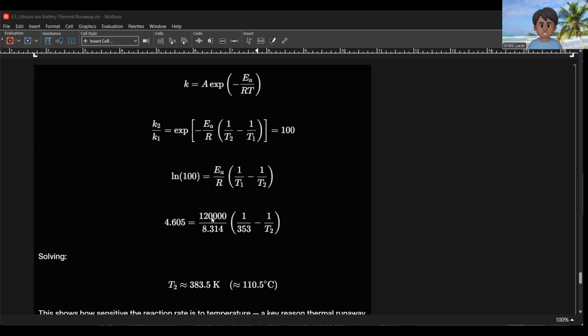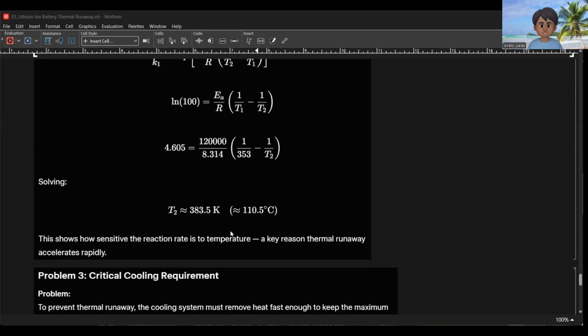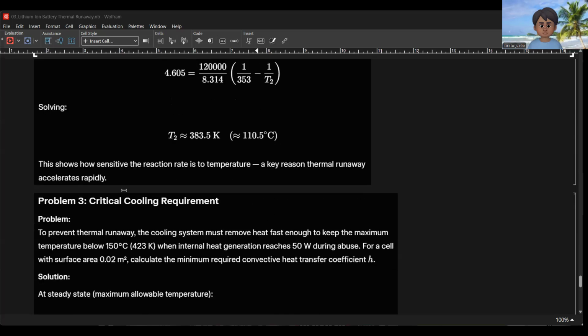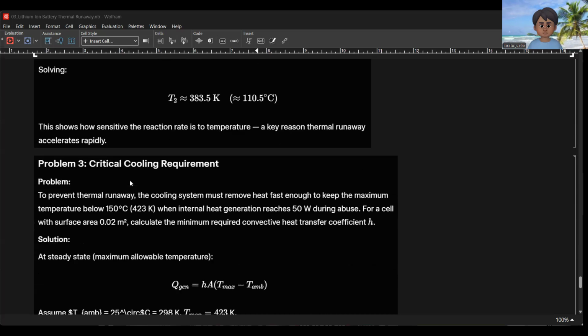Then the activation energy is 120,000, and the universal constant is 8.314, times 1 over T1, so 1 over 353, minus 1 over T sub 2. The initial temperature is 353 Kelvin. Solving, we have T sub 2 approximately 383.5 Kelvin, approximately equal to 110.5 Celsius. So this shows how sensitive the reaction rate is to temperature, a key reason thermal runaway accelerates rapidly.